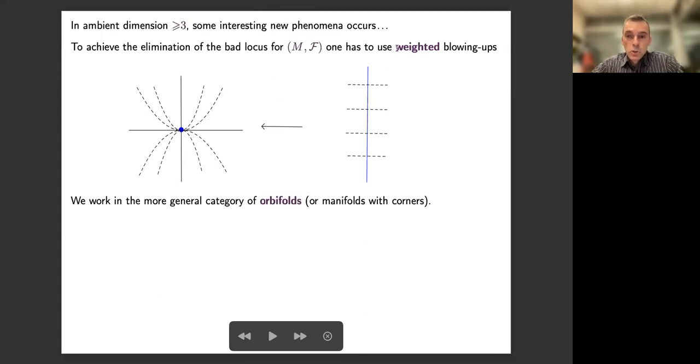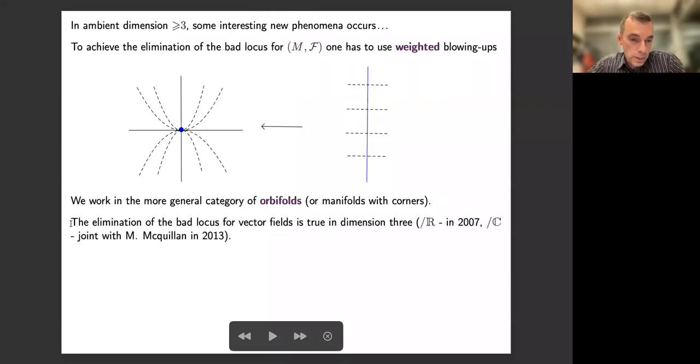Since you have to use these weighted blowups, you have to generalize your setting a little, because you find yourself in the more general category of what you call an orbifold, if you are in the complex domain. But in the real domain, you can also work in the category of manifolds with corners, which means that in the end you have to allow these corners to appear precisely due to the existence of these weighted blowups.